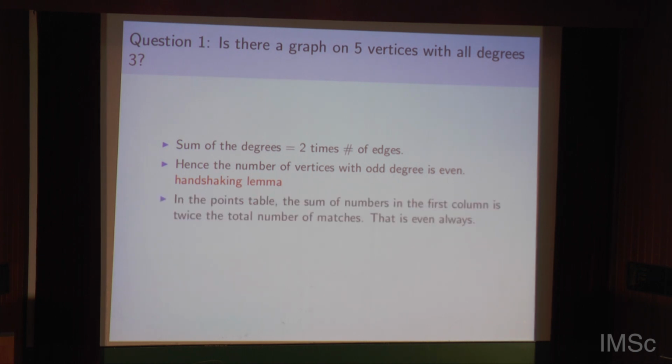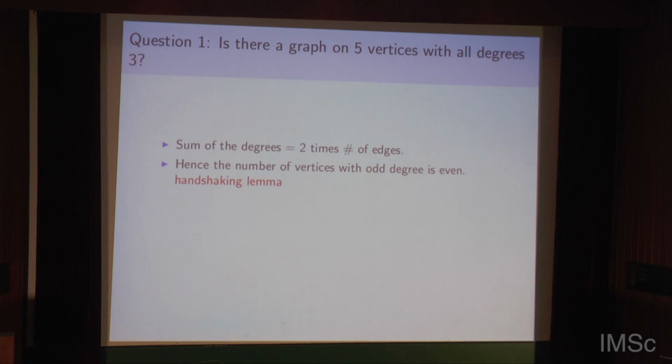This also has a name, the handshaking lemma. If you Google handshaking lemma, you will see this. What it says is you have a party where some pairs of people shake hands. At the end, you ask everybody how many people they shook hands with, and count the number of people who shook hands with an odd number of people.